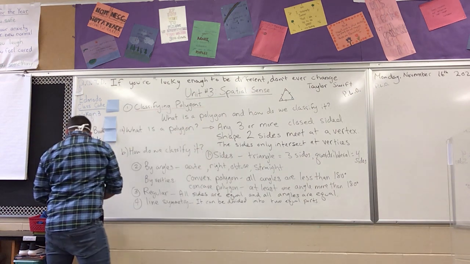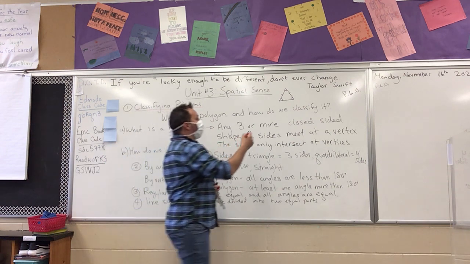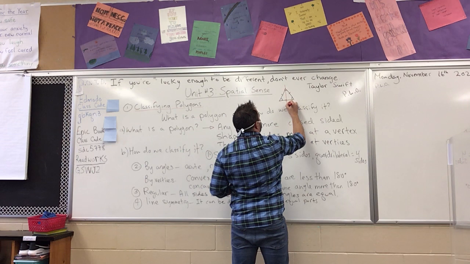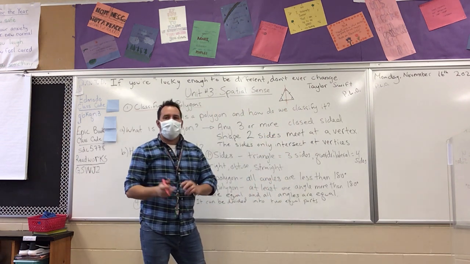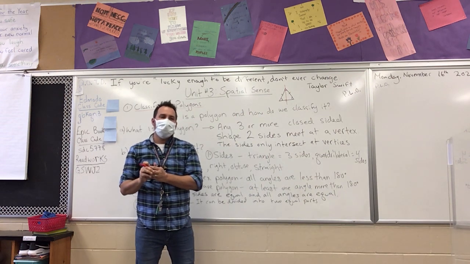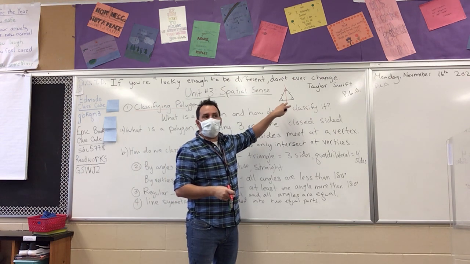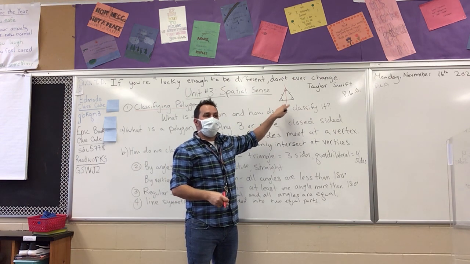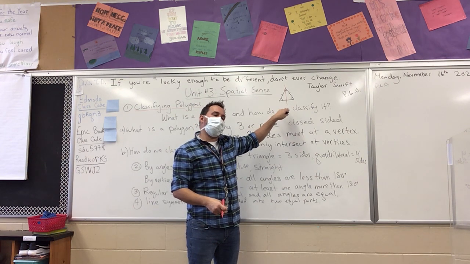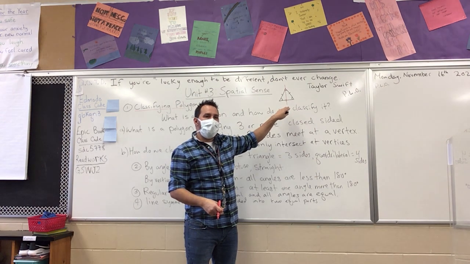Now, when we look at something like this, let me see, red will show up hopefully. I know that if I was to cut this down the middle, may not look great because I didn't actually measure it out, but if I was to fold it on itself, would it fit perfectly? Now, if this was a regular triangle and all sides and everything were equal, this would have line symmetry, right? But how many would it have?